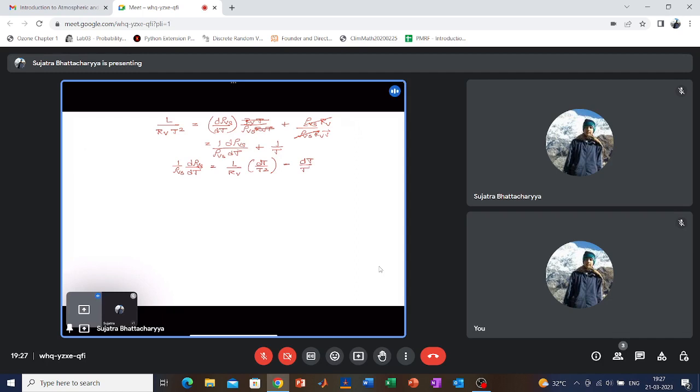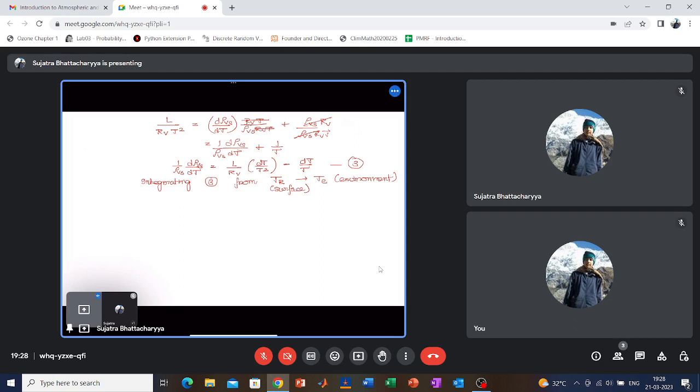Now what we will do is that we will integrate this equation, say 3. So integrating the third equation from temperature at the surface, that is Tr, to temperature of the environment. So this is the environment and Tr is the surface. Fine.